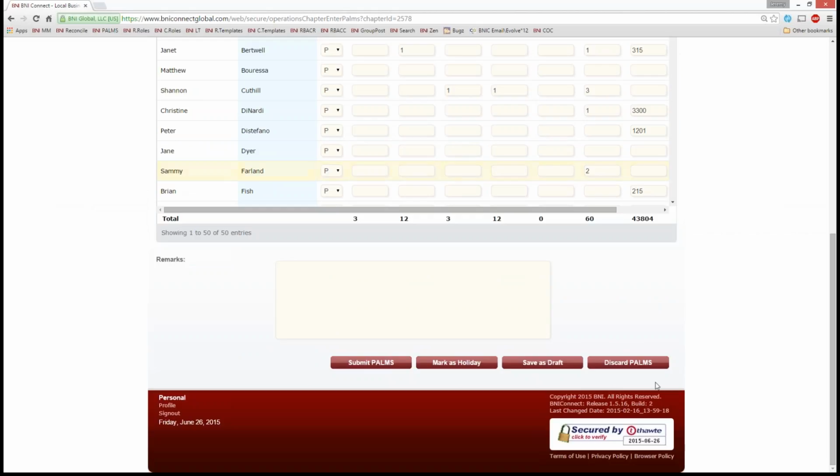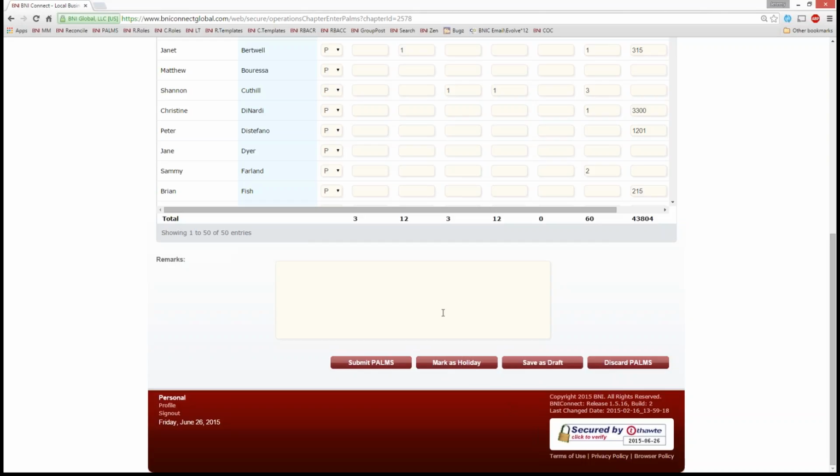You can discard the POMS and re-enter it. All of the online entered activities, so the online slips that people entered, will come right back into the report for you. So you don't have to worry about losing that information, but anything that you manually entered, obviously you'd have to re-manually enter.